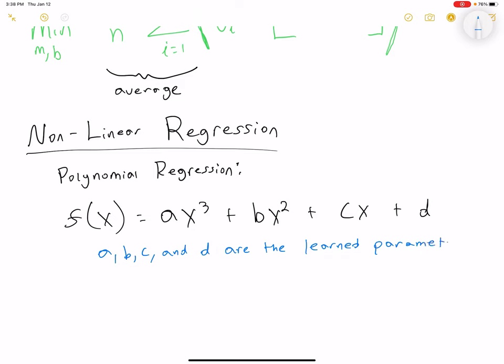If we hypothesize that the data is going to have a polynomial relationship, then we can train a model to learn a polynomial function. And the model's going to figure out what the optimal A, B, C, and D are that minimize the mean squared error.